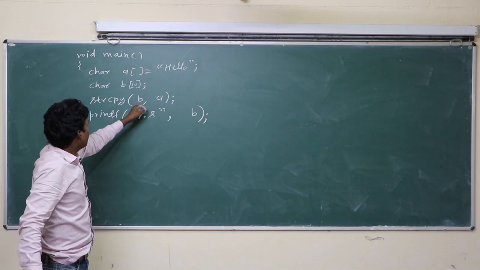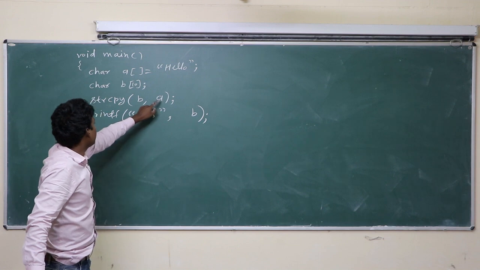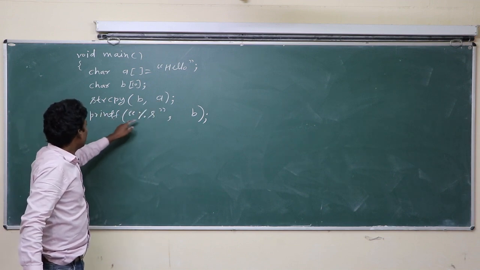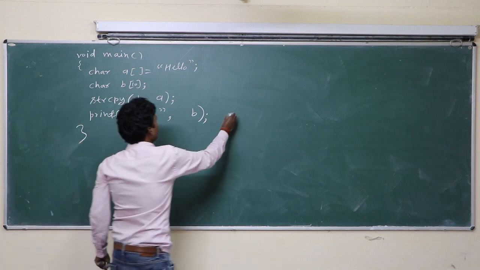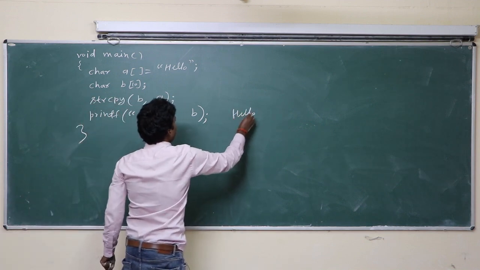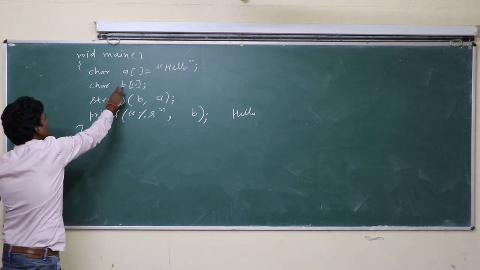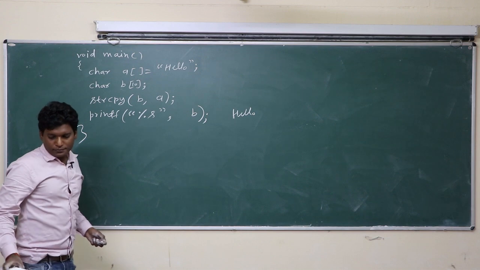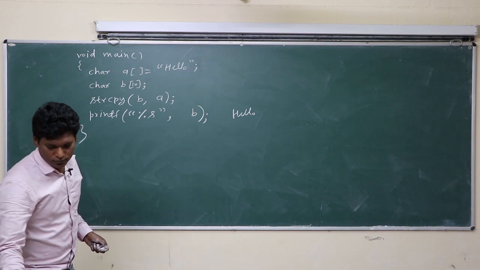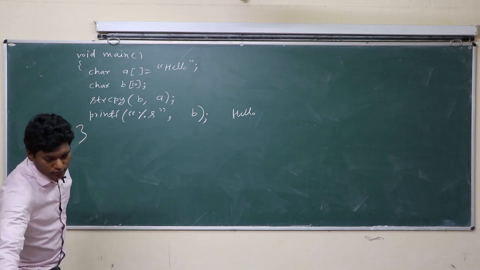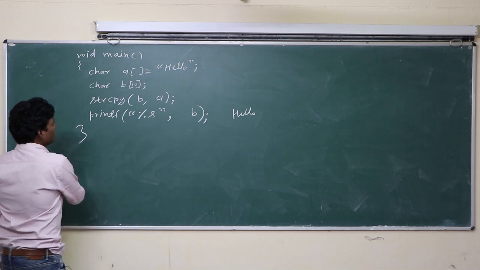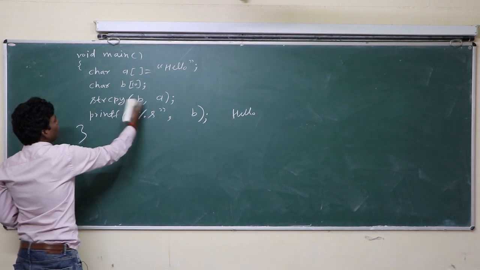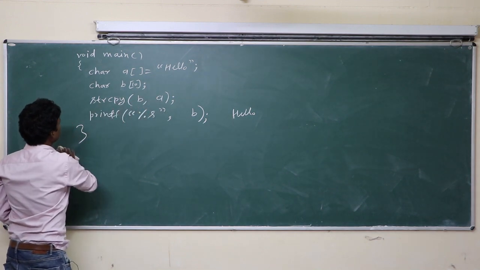So whatever is in string A is copied into string B. Now print string B, so the result will be hello. Hello is copied in string B also. strcpy copies string A into B.